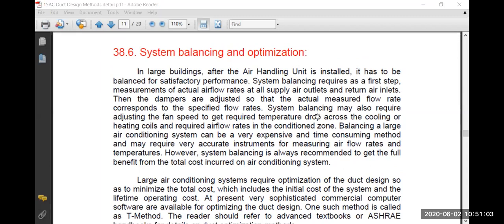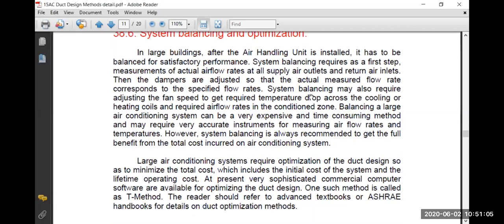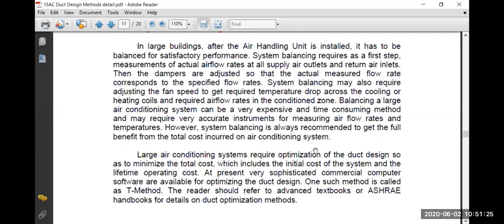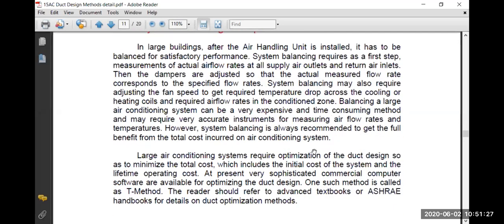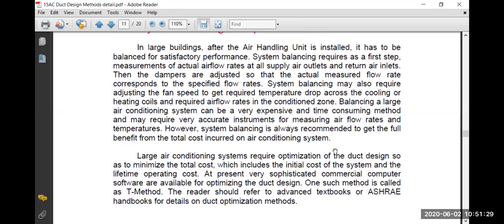And since HVAC does not run free, it must consume energy, and you know HVAC and lighting take more than 70% of the world's total production of energy. So it is a serious business, and you have to adjust it, balance it, so it runs optimally, to economize, to save money in terms of energy consumption.